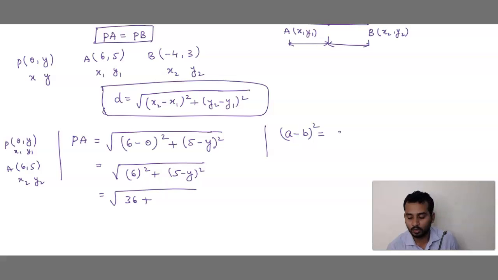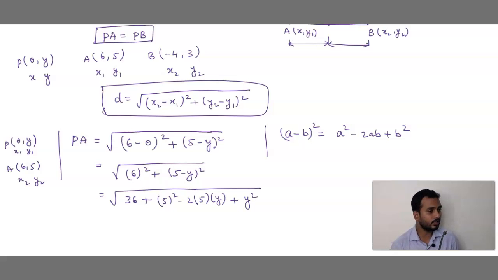What is a minus b whole square? a square minus 2ab plus b square, correct? So what is a square? 5 square minus 2 into a value is 5, b value is y, minus 2ab plus b square, b square is y square. Is this clear?